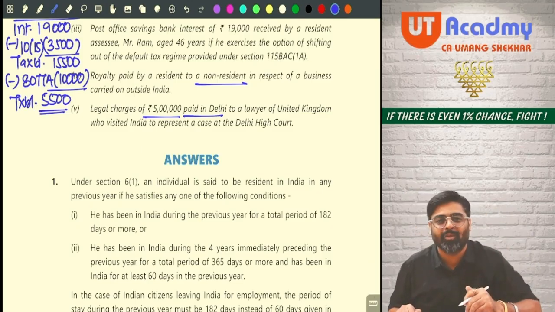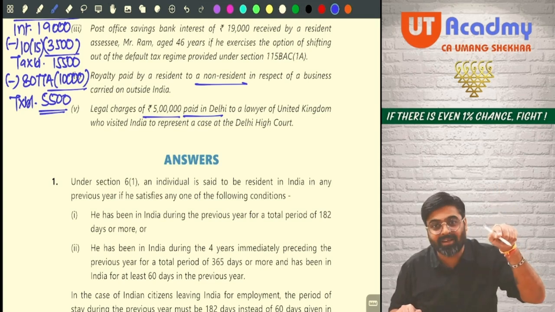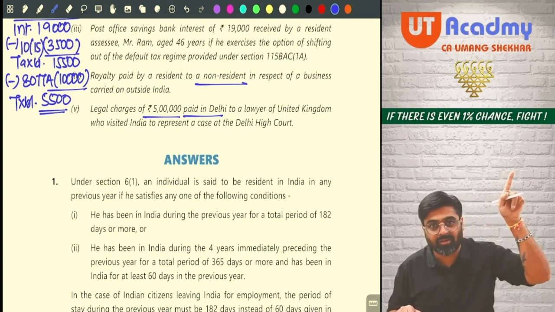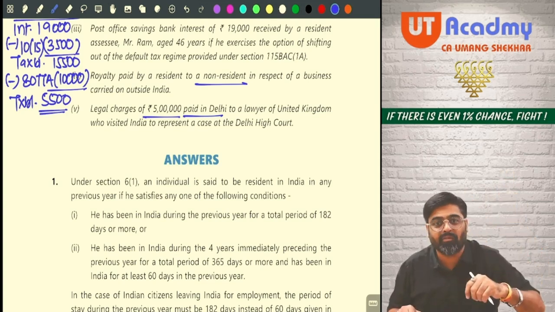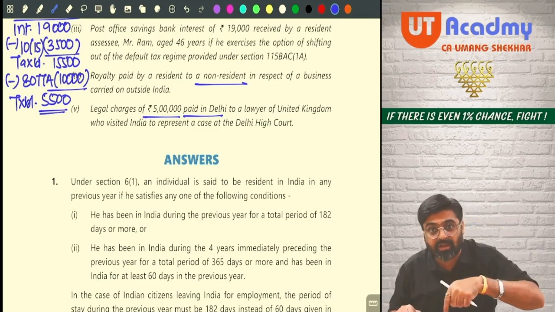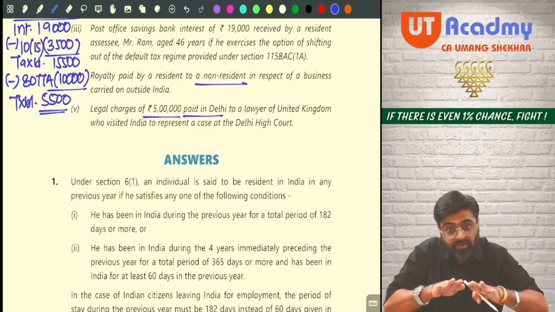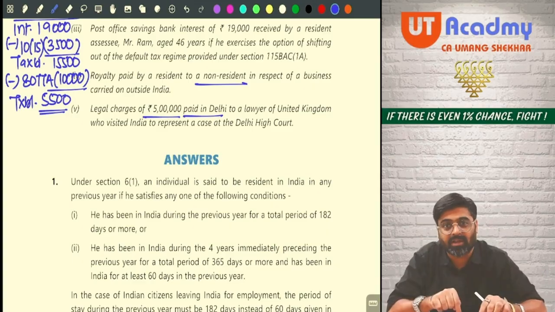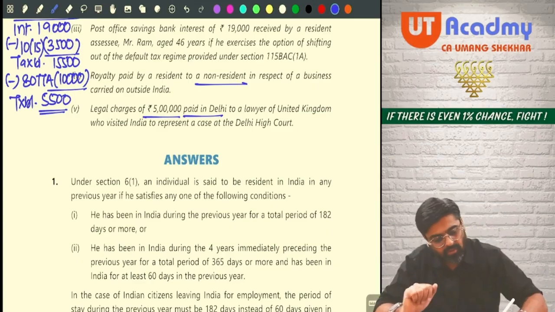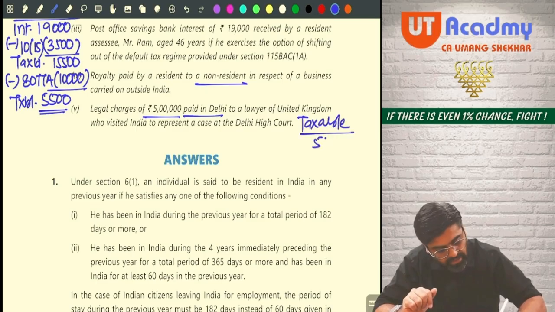Indian income. So even if that lawyer is from the United Kingdom, even if his status is non-resident, it will not make any difference because that lawyer is earning this income from India, also receiving it in India. For that lawyer, this income is Indian income. What will be the answer? Taxable. How much amount will be taxable? Entire 5 lakhs will be taxable. Got it?